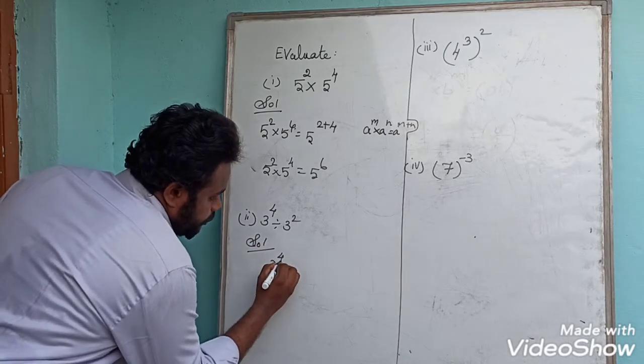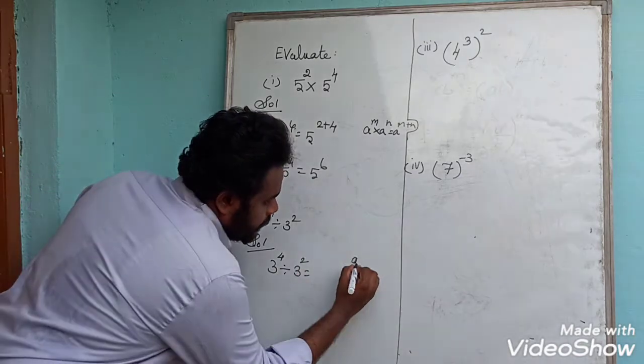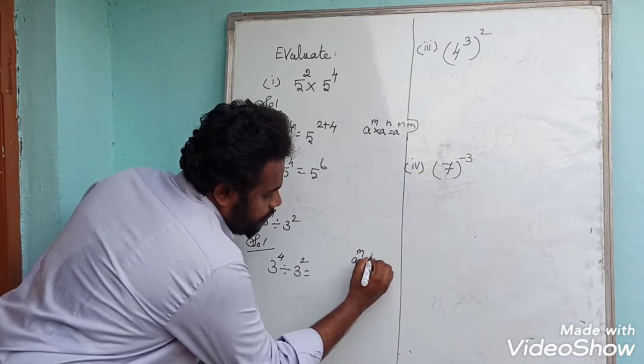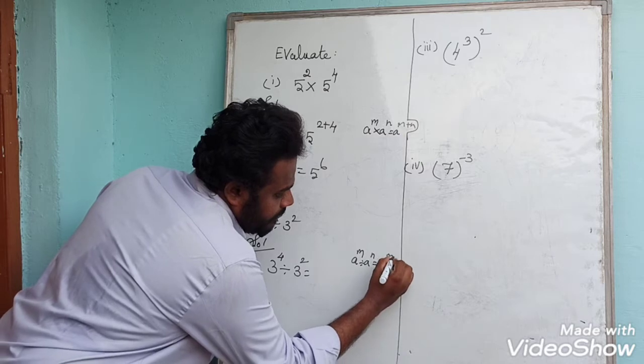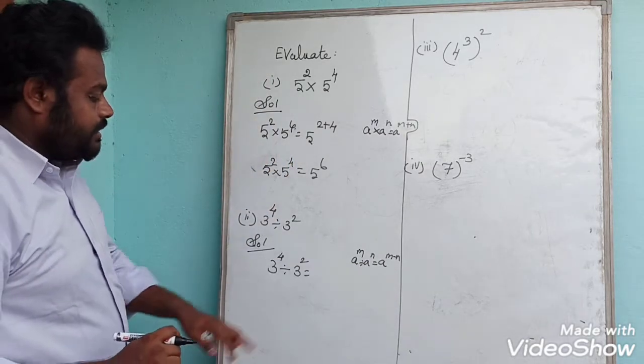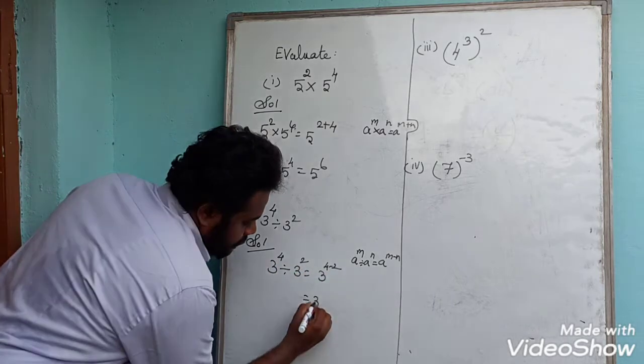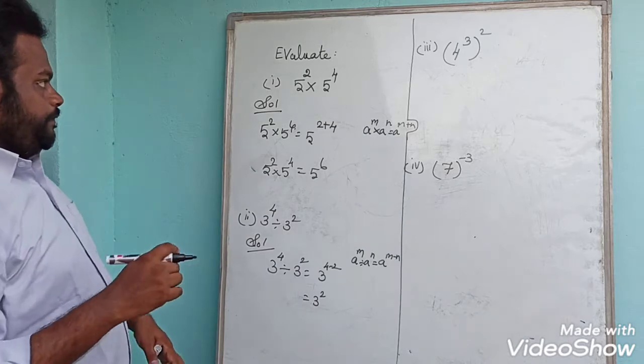It is the same in the division condition. So 3 to the power 4 divided by 3 power 2. Here a power m divided by a power n is equal to a to the power m minus n. We have to subtract the powers in division. So 3 power 4 minus 2, we get 3 power 2.